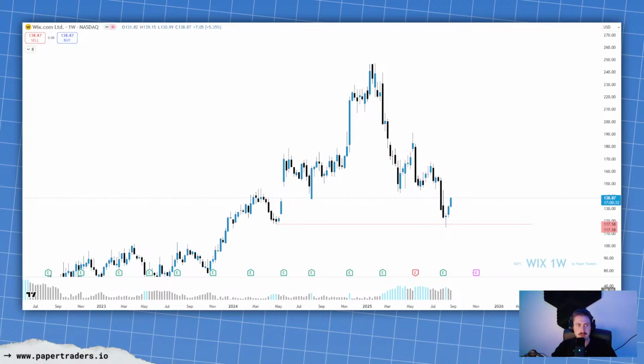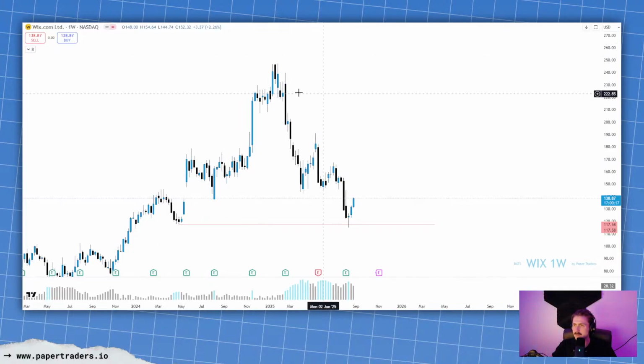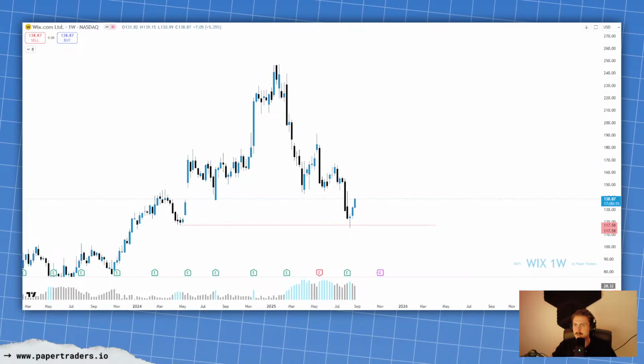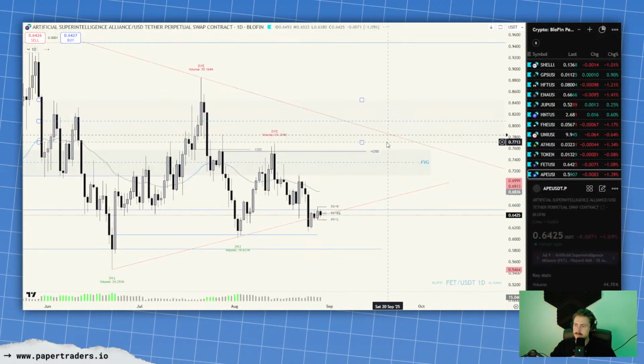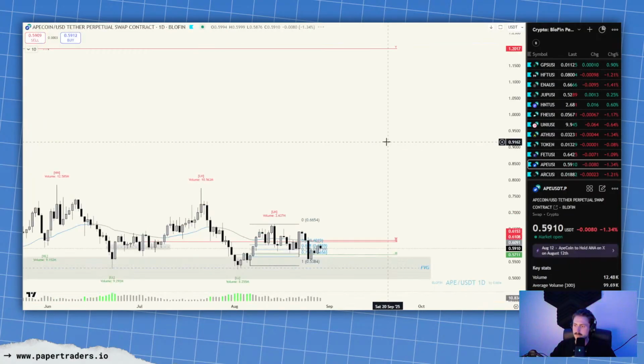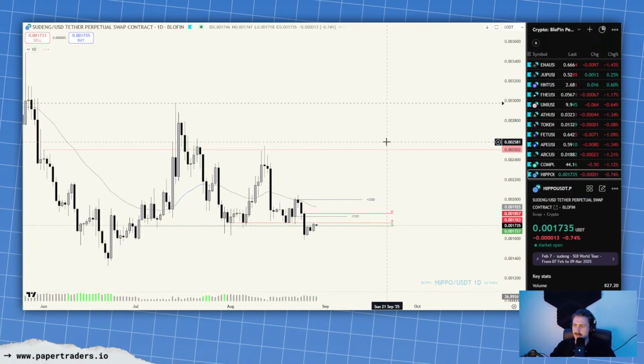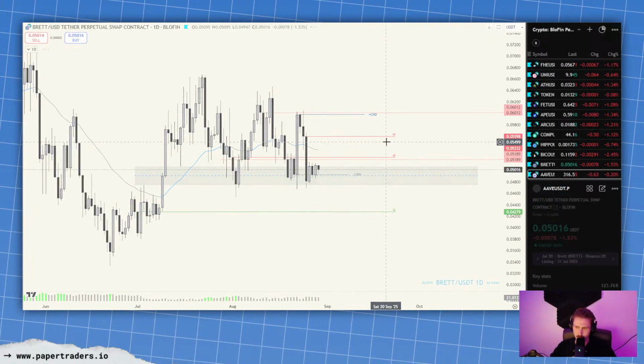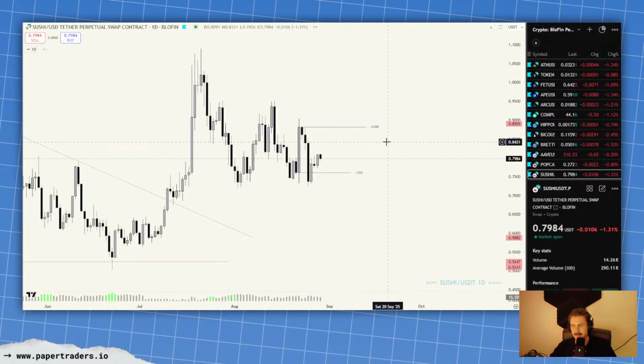AVAX looks okay, but every time something looks good on the hourly or 4 hour, it just wicks up and then closes back in the range. They're fooling around with it. Consolidation, I guess. Everything looks good, but it doesn't look phenomenal.